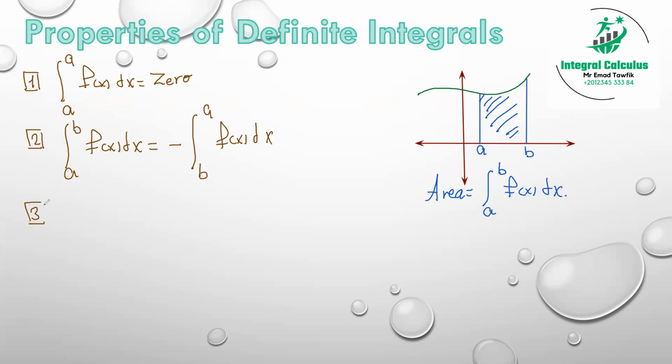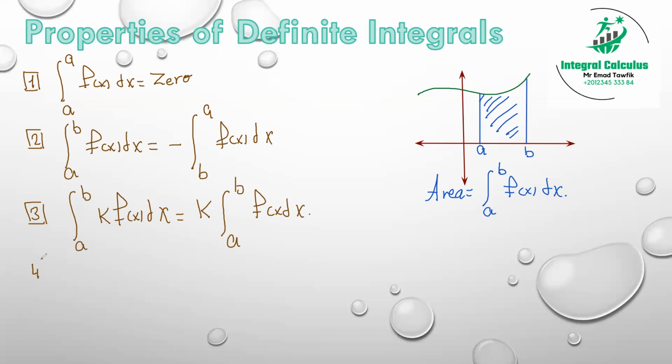For number three, if I integrate from a to b a function multiplied by k, where k is a constant, I can take k out of the integration: k multiplied by the integration from a to b of f of x dx.